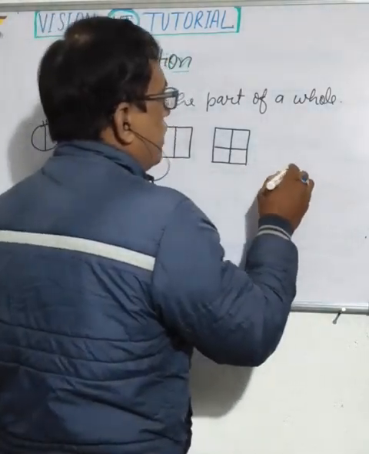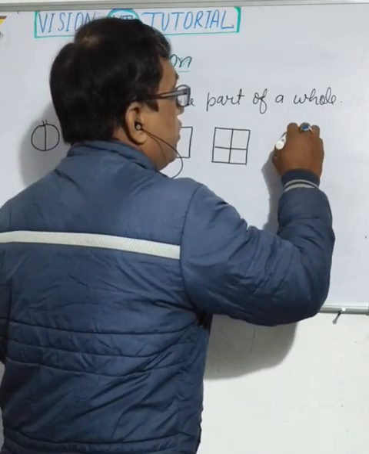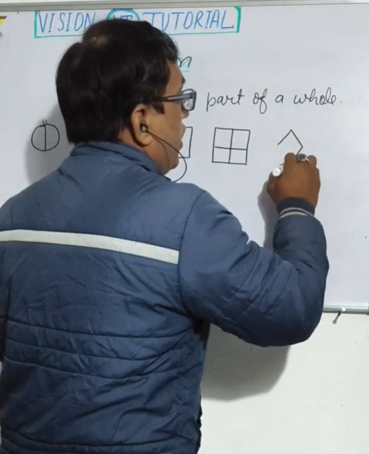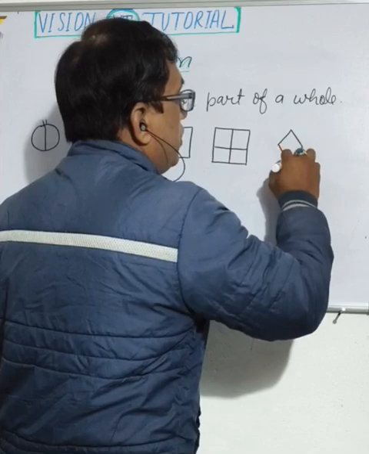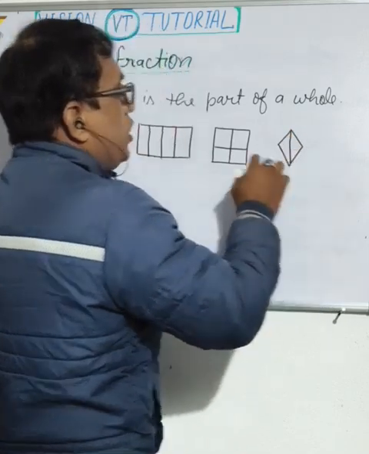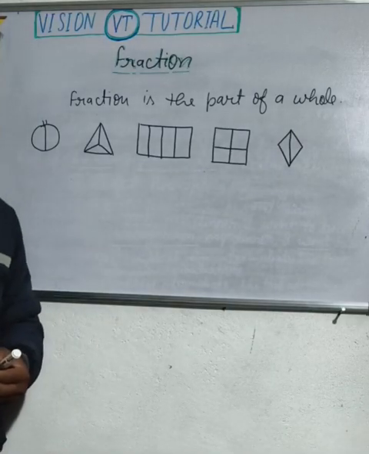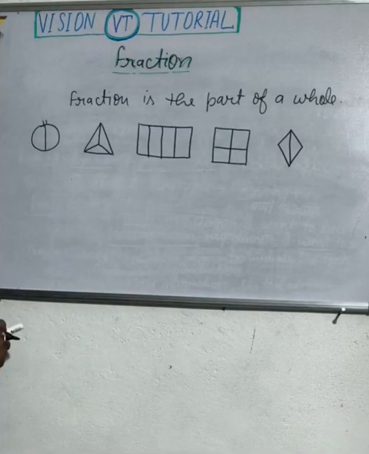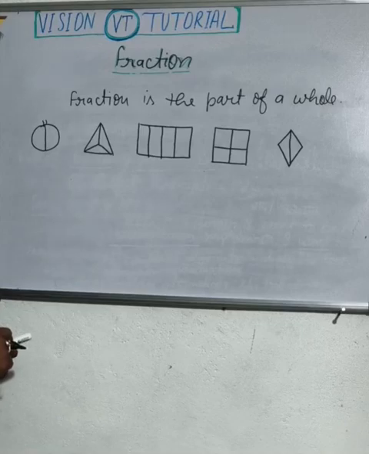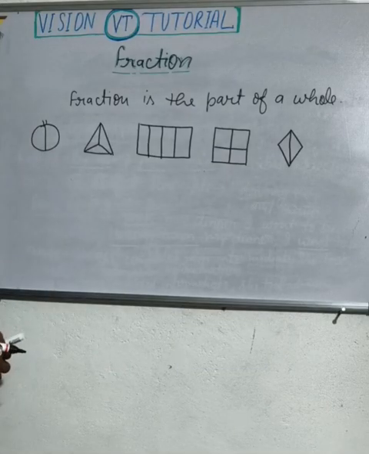Suppose you have taken another shape just like a kite, and if you have divided it into two equal parts, so each part will be known as a fraction. Okay? So class, what will this fraction be known as? The basic question comes, what will this fraction be known as?